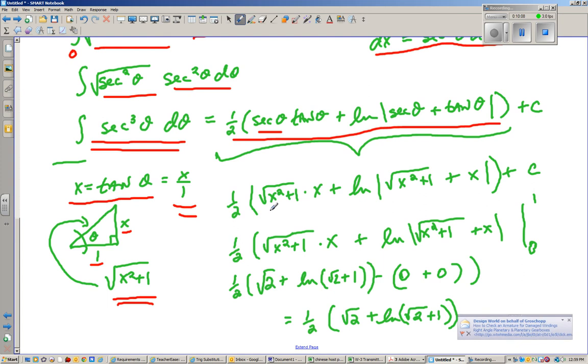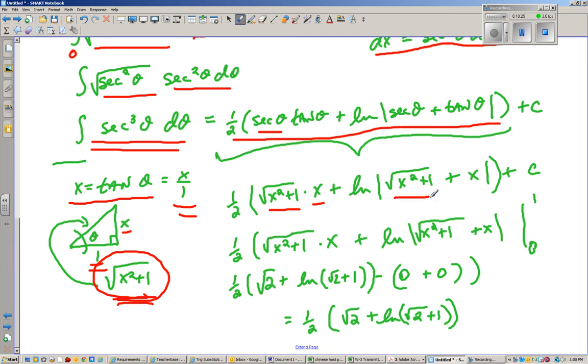So wouldn't secant be just its reciprocal, that is, the square root of x squared plus 1 over the 1? And then tangent we know is x, and then plus the natural log of, well, we just did secant and we just did tangent, and that would be the general form plus c, but I did have limits.